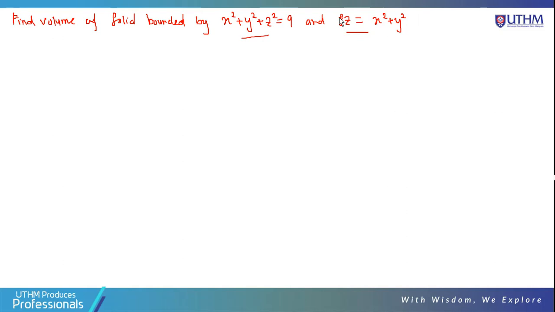Okay, so I will show you how you can interpret this equation and how you can extract all the information from it to form the limits for the triple integral.